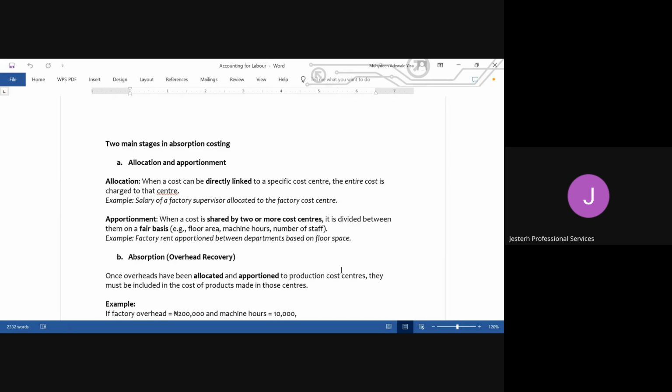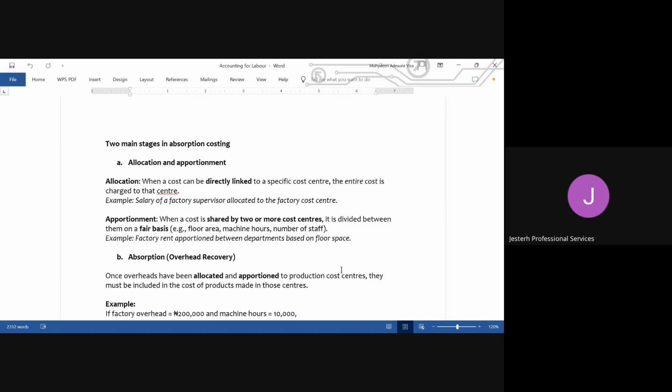Now, for example, you own two cost centers. Maybe the first one is a processing unit cost center, while the second one is the finishing cost center. And then the supervisor for those two cost centers.